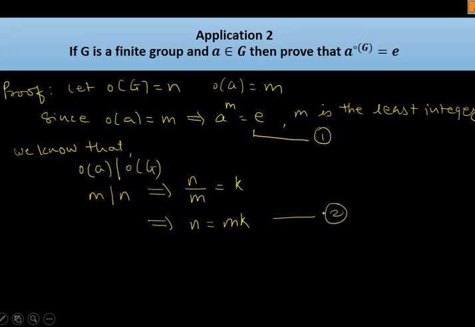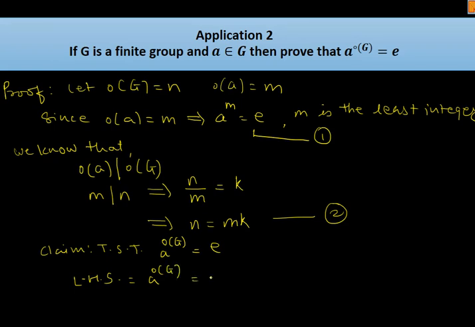Now what we want to show is the equality a to the power order of G is equal to e. So we write the claim: to show that a to the power order of G is equal to e. Consider the LHS, the left hand side, that is a to the power order of G. It is equal to a to the power n, since the order of G is n. From equation 2, the value of n is m times k.